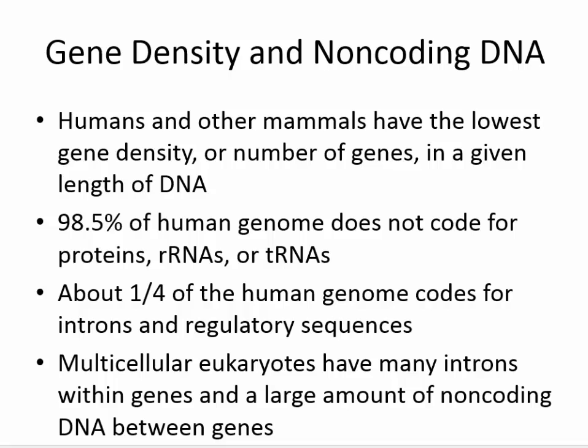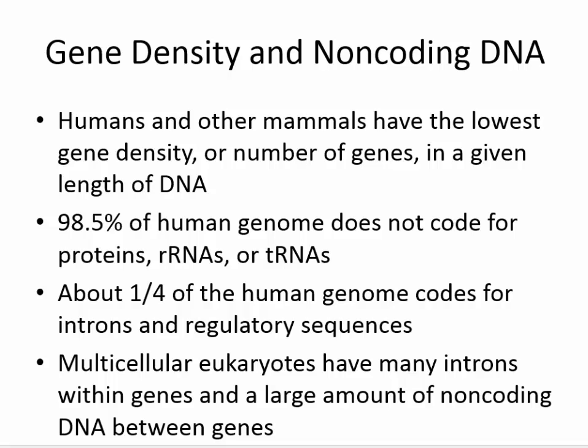Humans and other mammals have the lowest gene density, or the number of genes in a given length of DNA. And as we know, 98.5% of the human genome does not code for proteins, ribosomal RNA, or transfer RNA. So all that is coded or used is 1.5% of the human genome.